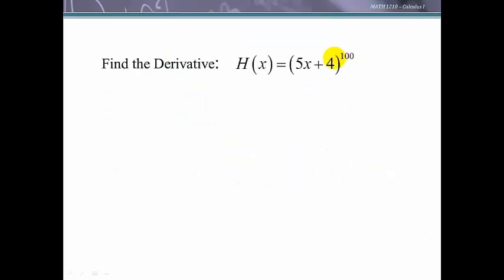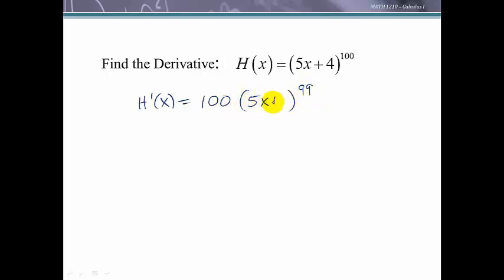So if we applied this to this particular function, what we are going to do is work with the outside function. The inside function, which we can think of as u, is 5x plus 4, but the outside function is u to the 100th. So basically we can apply the power rule, which would be power out in front, decrease the power by 1.